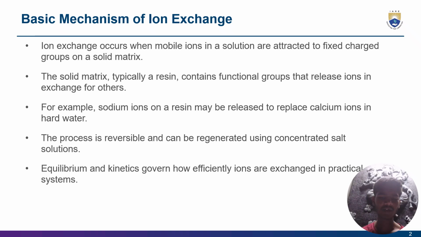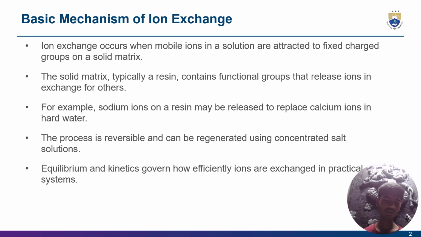Basic mechanism of ion exchange. Ion exchange occurs when mobile ions in a solution are attracted to fixed charged groups on a solid matrix. The solid matrix, typically a resin, contains functional groups and releases ions in exchange for others.